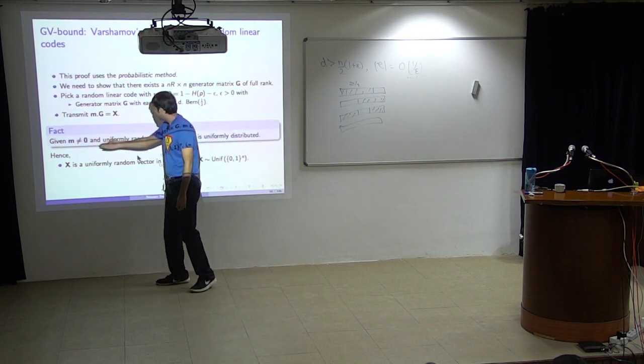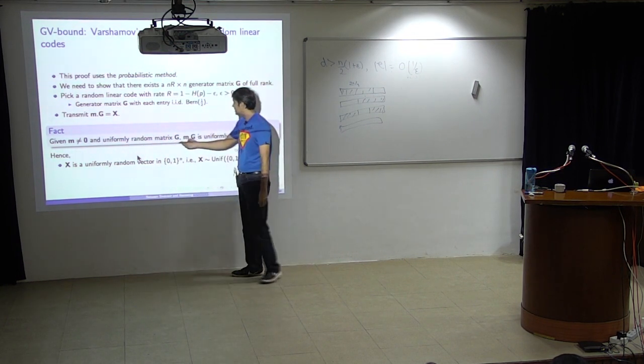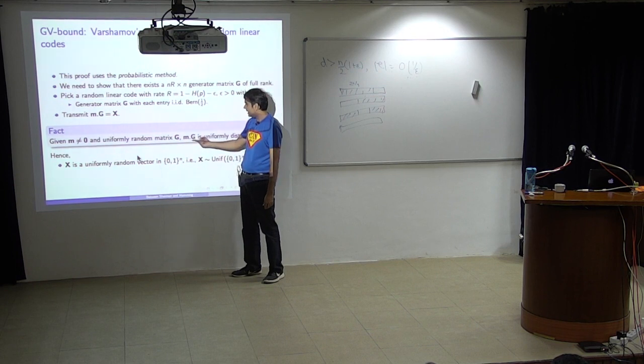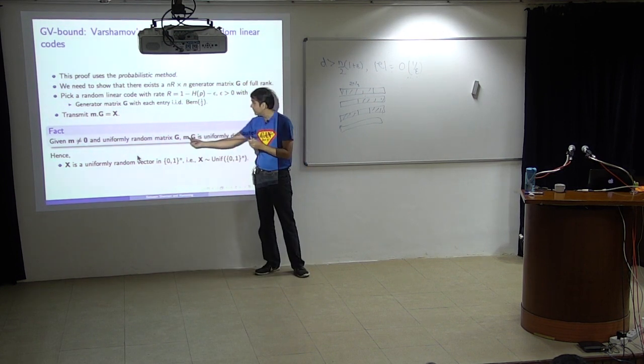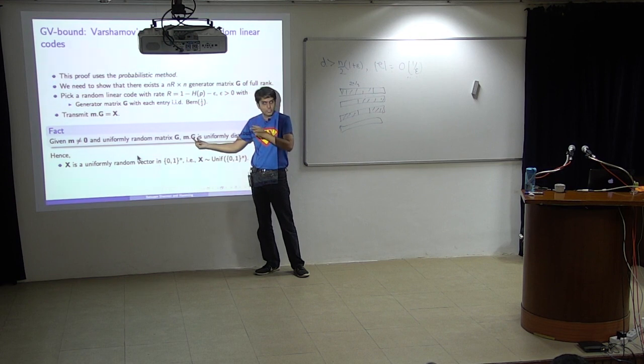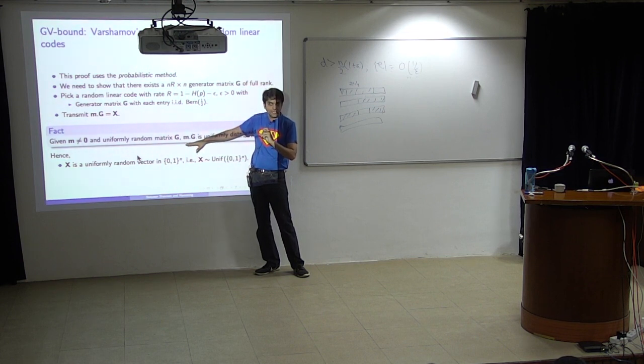Given a non-zero message M and a uniformly random matrix G, if I look at any row of G, the dot product between M and that row is uniformly distributed in 0 and 1, right? The dot product between M and the first row is 0 or 1 with probability half. The next dot product is still 0 or 1 with probability half and independent of the first, because of the independent randomness in the second row of G, and so on.